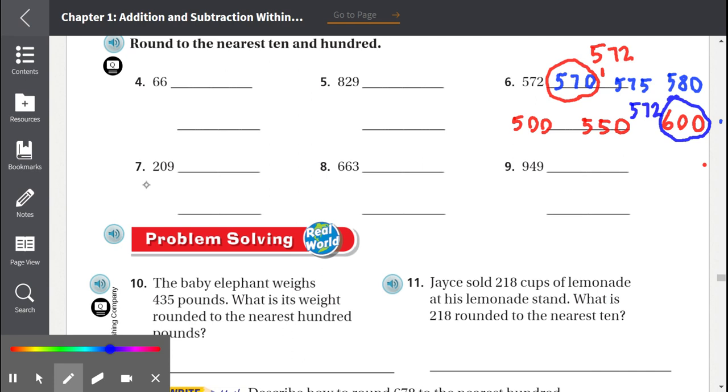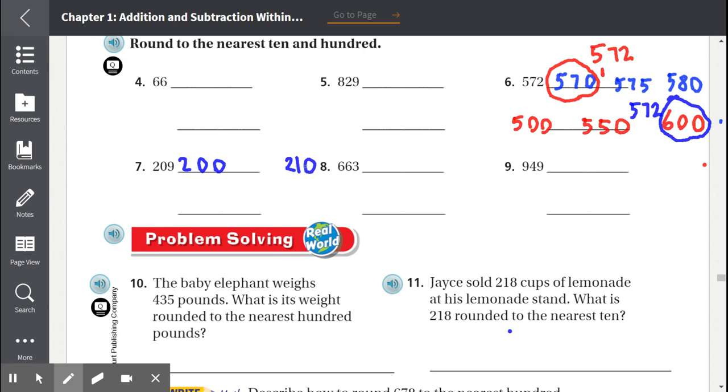Now let's look at number 7, 209. Now remember, we're rounding to the nearest 10 and the nearest 100. So let's round to the nearest 10s first. 209, the two tens that 209 is in between would be 200 and 210.